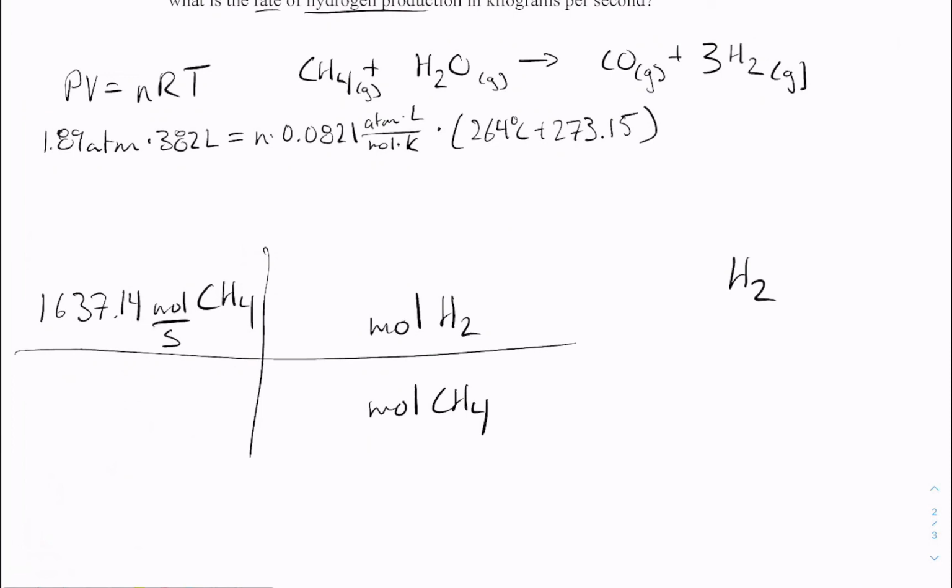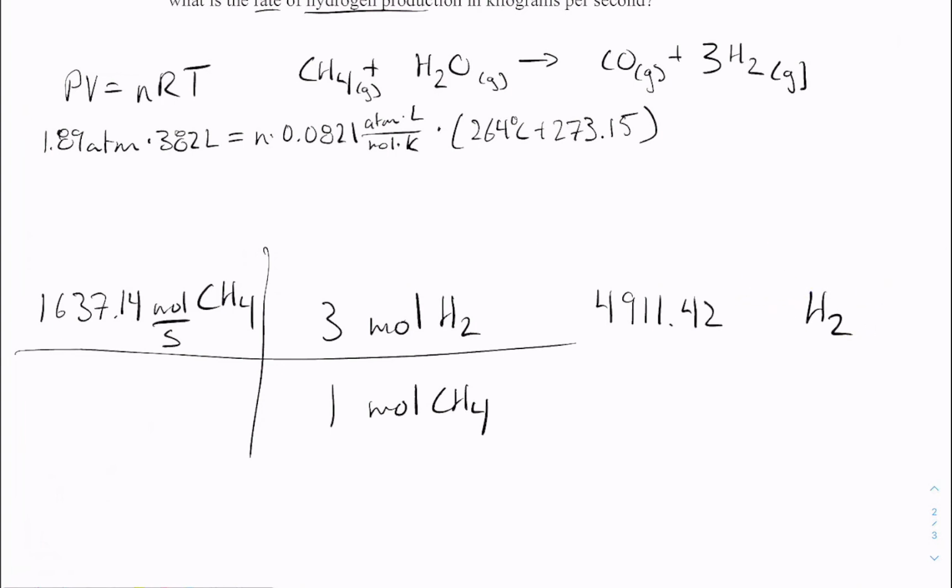So how many moles of hydrogen for how many moles of CH4? 3 to 1. I guess this is a review question. This is pretty good because it really covers a lot of topics at the same time.